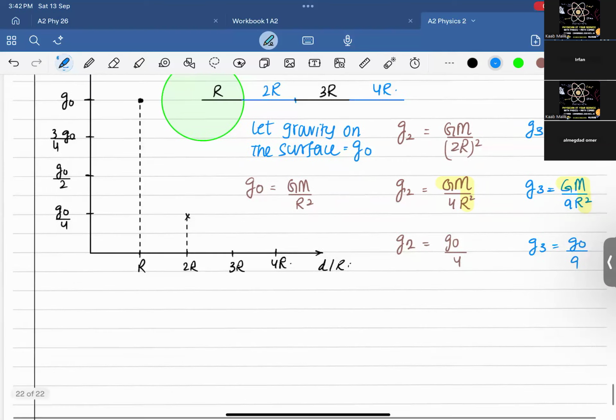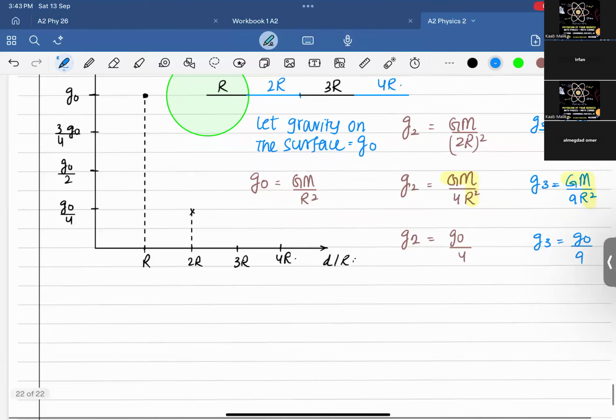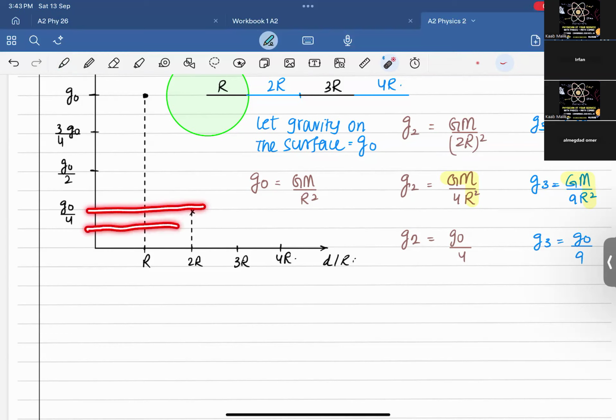And you can plot a point. 1 over 9 is 0.111. This one is 0.25, so half of it is 0.125. So this line should be 0.125, and 0.111 should be below 0.125, right here.